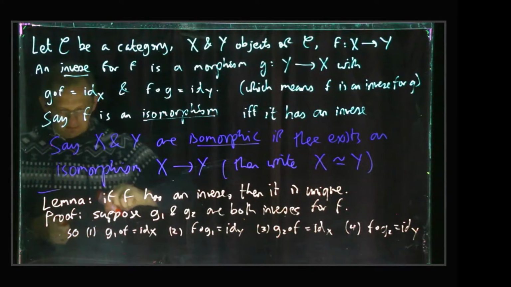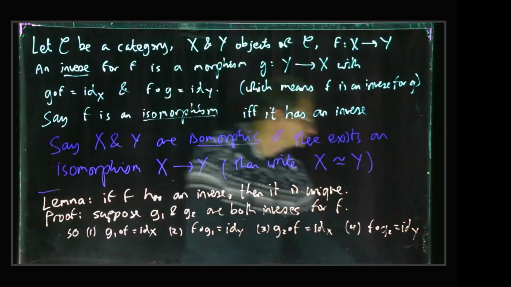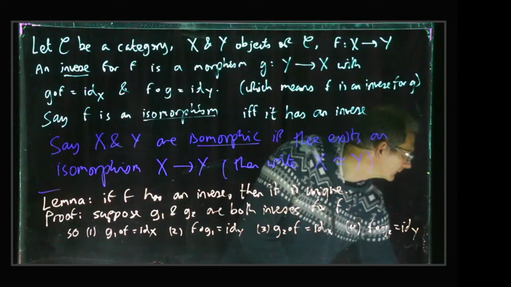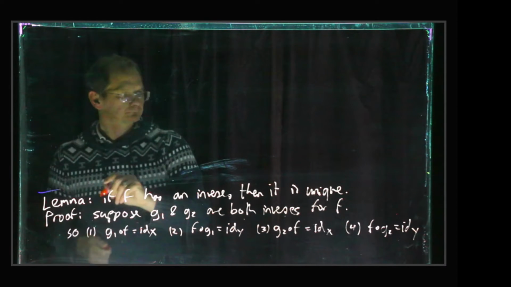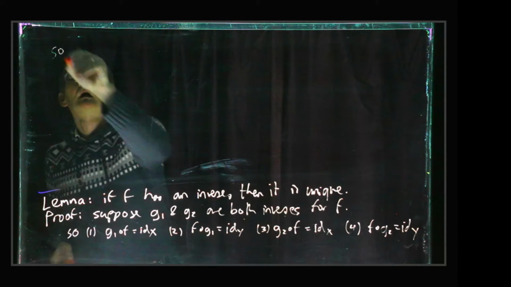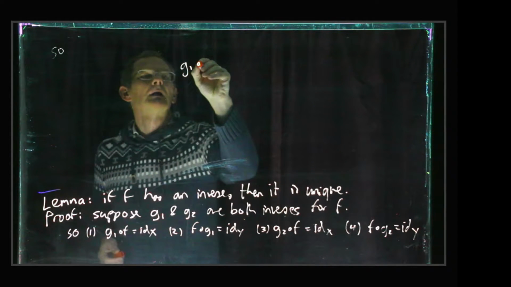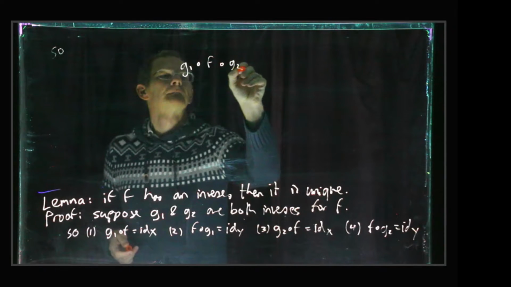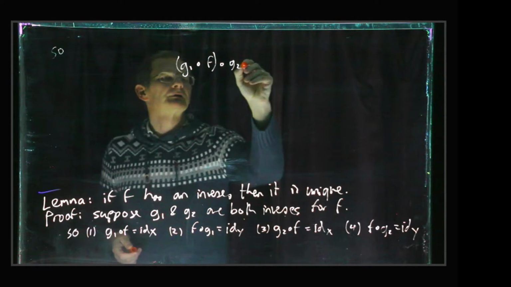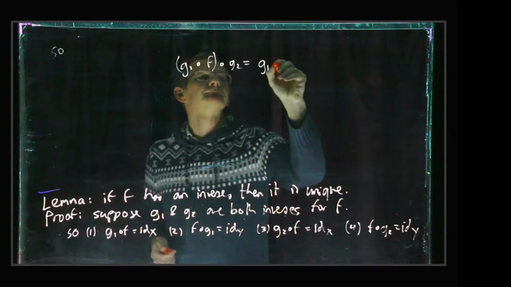Okay, and so from these we want to deduce that G1 equals G2. So let's look here at G1 composed with F composed with G2, and let's distinguish. There's kind of two variants of this, but they're kind of the same.